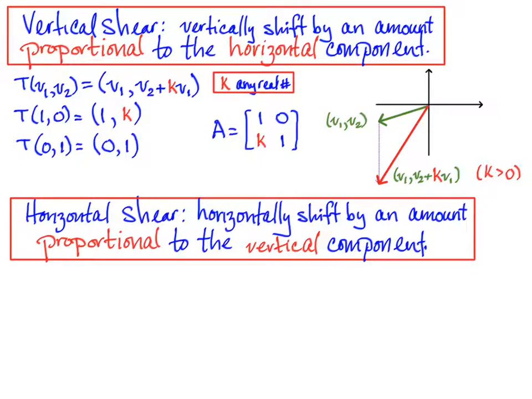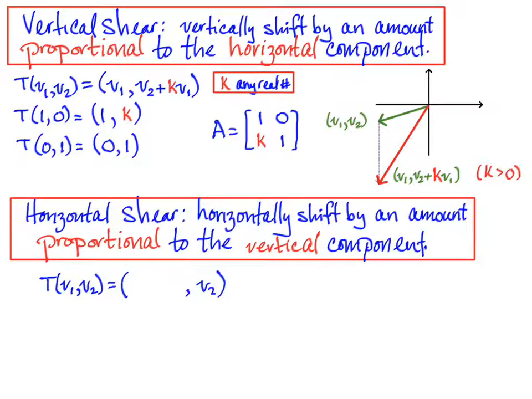Okay, so a horizontal shift by an amount proportional to the vertical component. So again, each vector gets shifted horizontally, but by a different amount. Depends on whatever its vertical component was. Let's look at the matrix. Well, let's look at an arbitrary vector, so T of V1, V2.